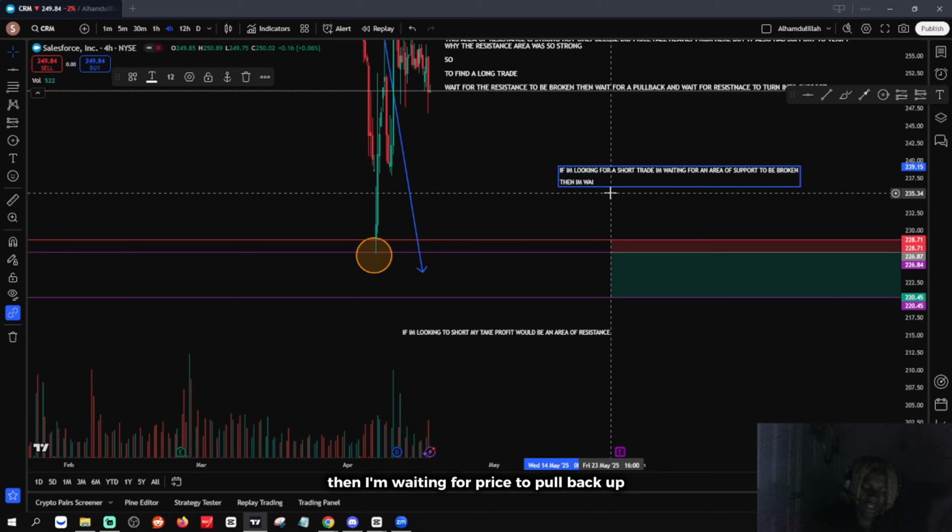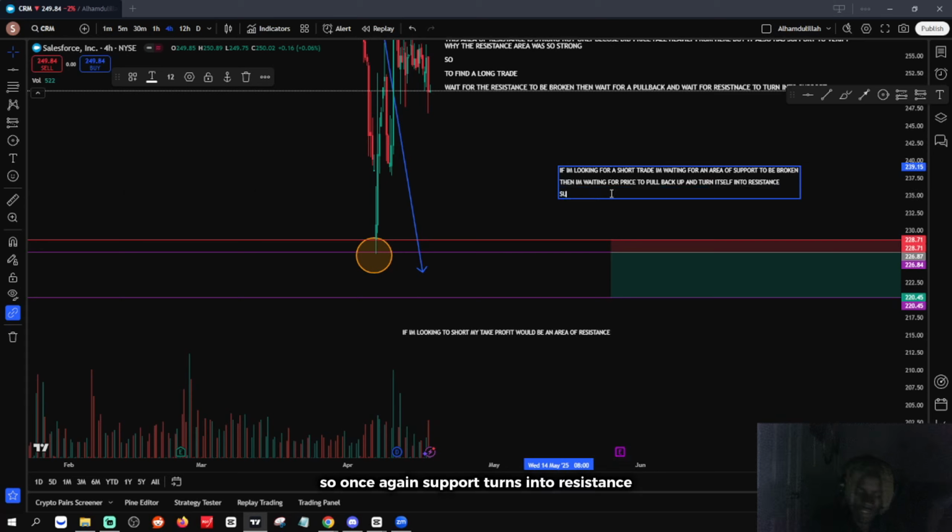Then I'm waiting for price to pull back up and turn itself into resistance. So once again, support turns into resistance and resistance turns into support.